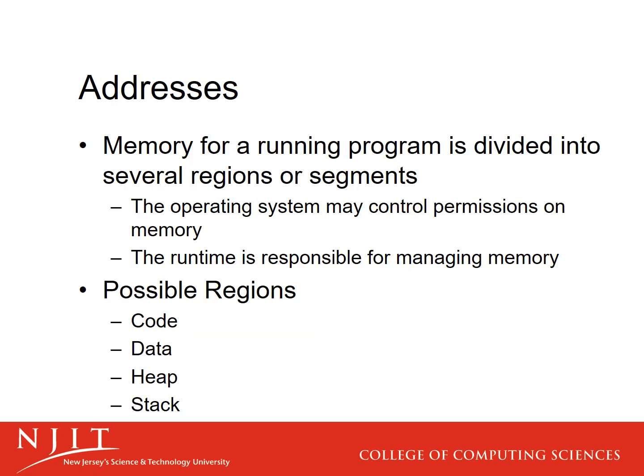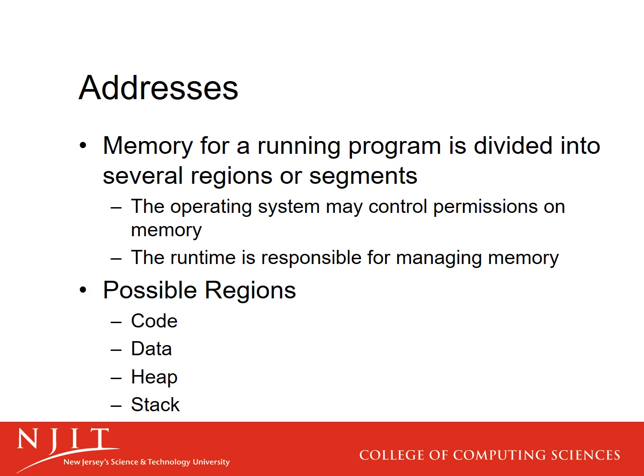Now, in order to know what addresses are bound to variables, let's remind you of a couple of things about memory. As we discussed before, memory is divided into several regions in the operating system.